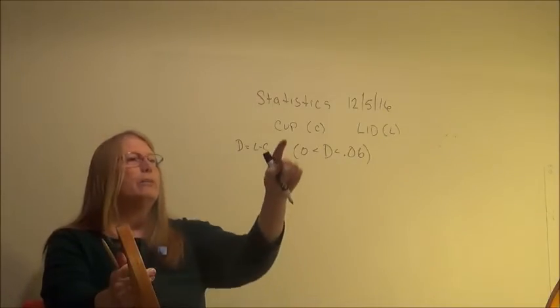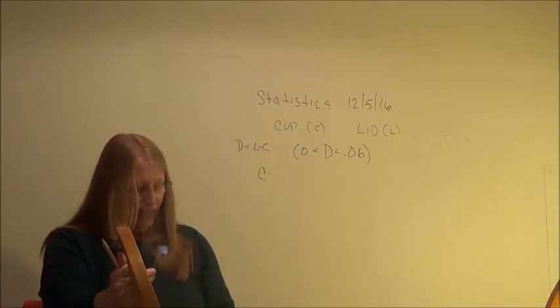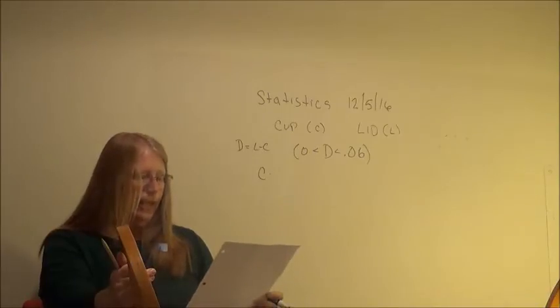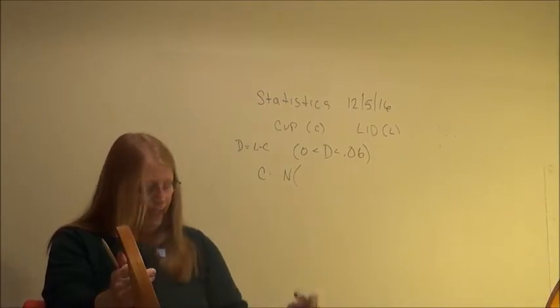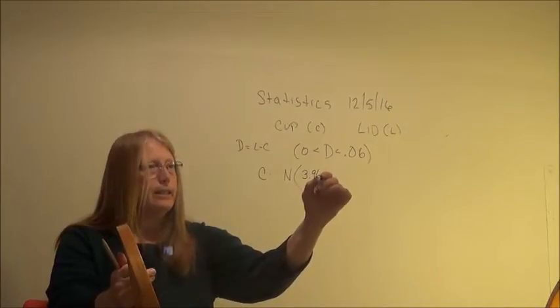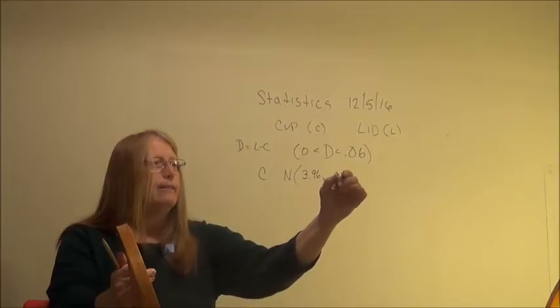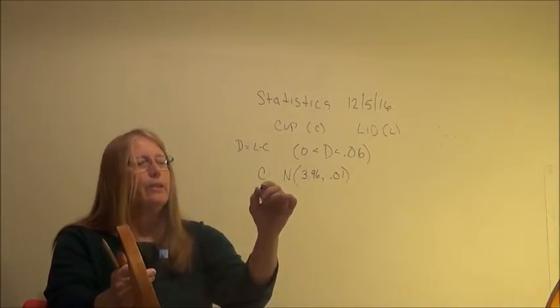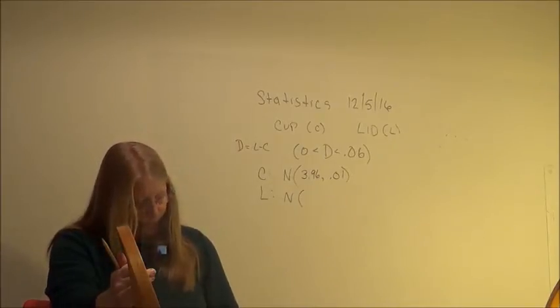And it turns out when you make cups in the factory, they are supposed to all be the exact same measurement, but they are not. They follow a normal curve where the mean of the cup is 3.96 and the standard deviation of the cup is 0.01. And when we go over to the lid factory, that is also a normal curve.